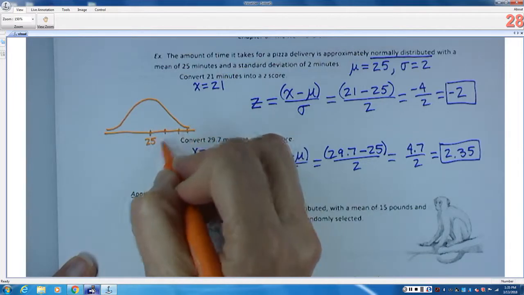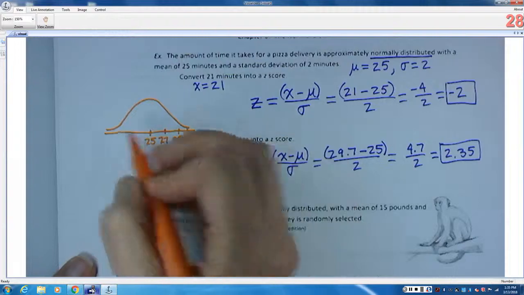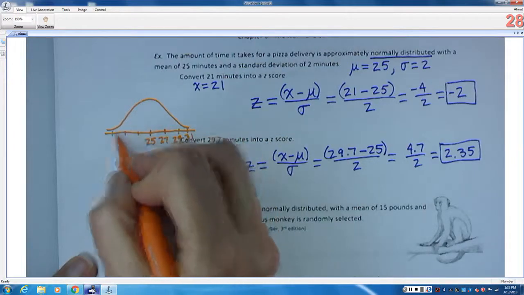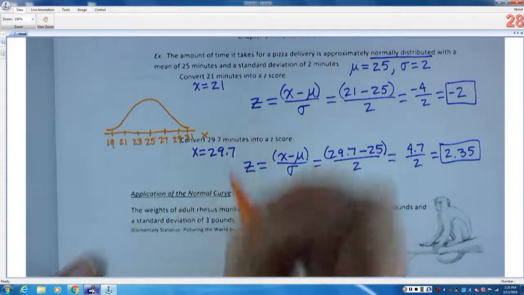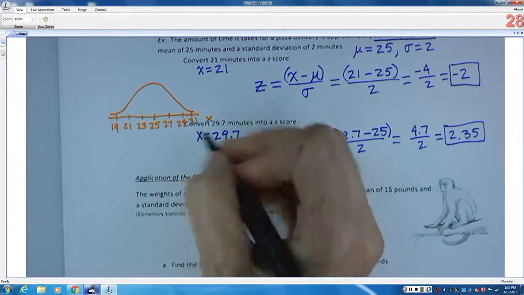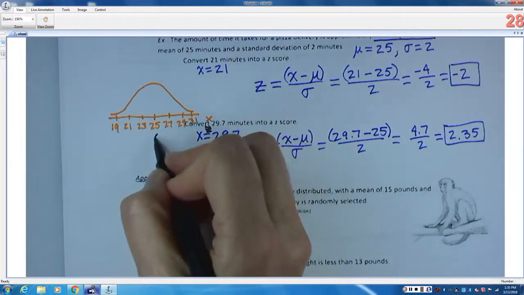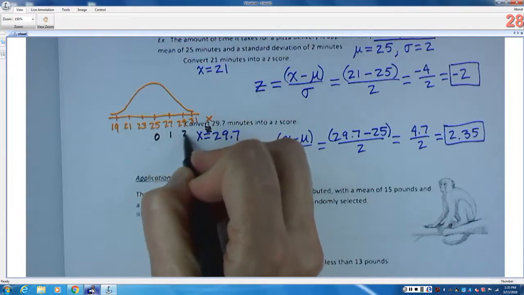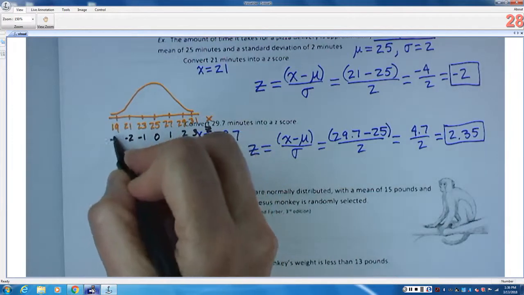So we add 2 going up, and we subtract 2 going down, 23, 21, 19, and this is our X. And we could draw our Z underneath it. I'm squeezing it in here. 0 will be here, 1, 2, 3, minus 1, minus 2, minus 3.